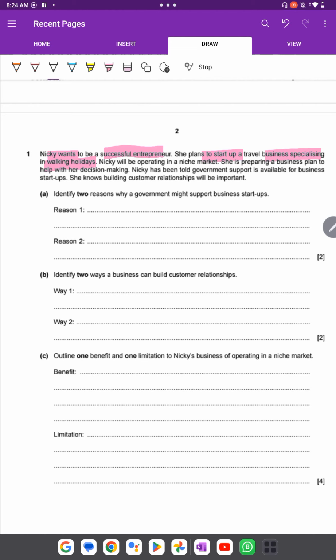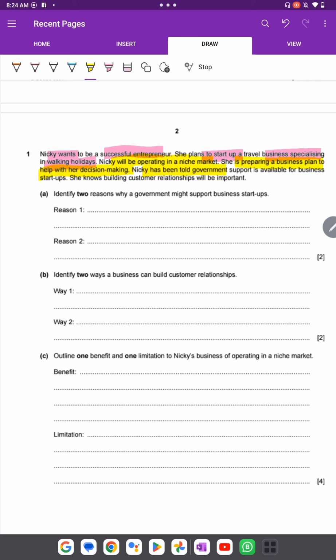So she plans to start up a travel business specializing in working holidays, and Nikki will be operating in a niche market, and she is preparing a business plan to help with her decision making.